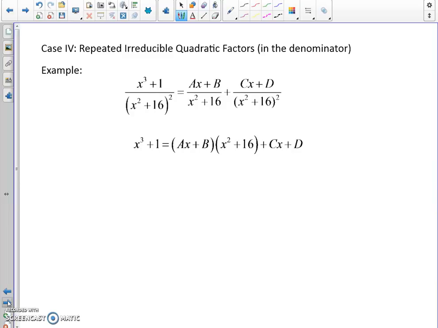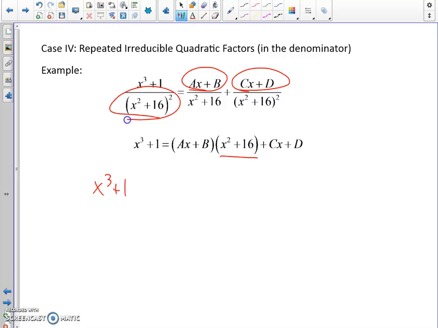The second numerator is again a linear term, cx plus d. Multiplying by this common denominator, this numerator has to be multiplied by the x squared plus 16. This numerator needs nothing else.